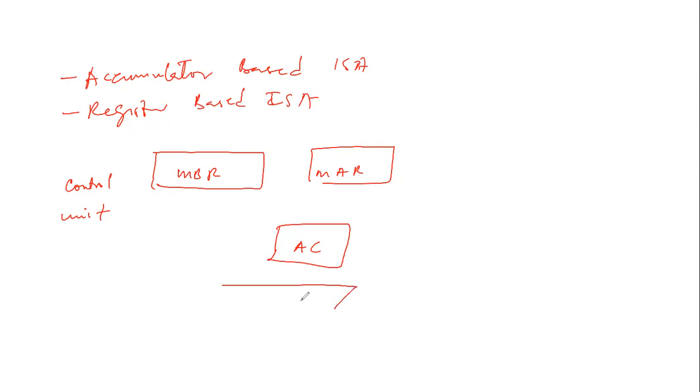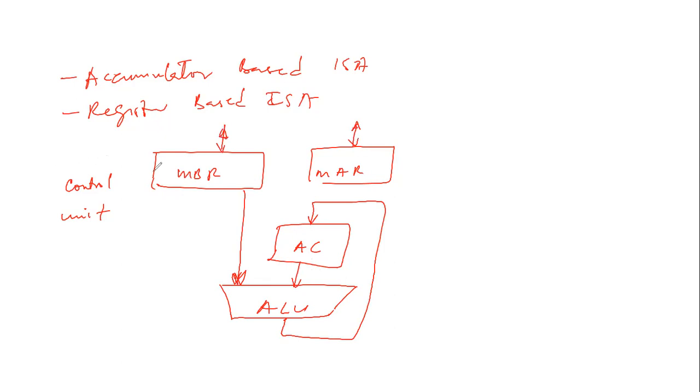And then we have the arithmetic logic unit. So this is related to this, then this is connected to this, and this to this. Then this goes out, and then this goes out.